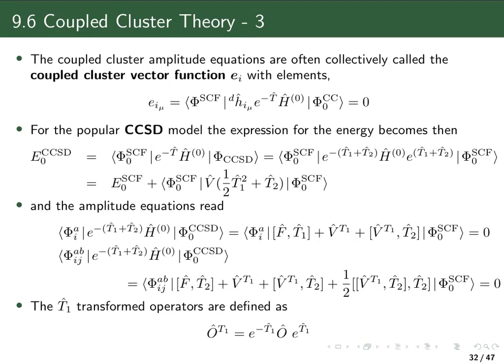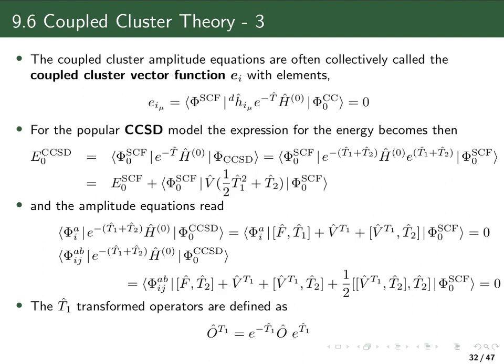And correspondingly, in the same way in the doubles equation, I also have the T1 operators in here, in this T1-transformed fluctuation potential, which means that not only does the singles equation depend on all the T1 amplitudes, although it's just an equation for one particular amplitude, but it also depends on all the T2 amplitudes, which means all these equations are coupled to each other. So the amplitude equations are actually a set of nonlinear coupled equations, which one has to solve iteratively.